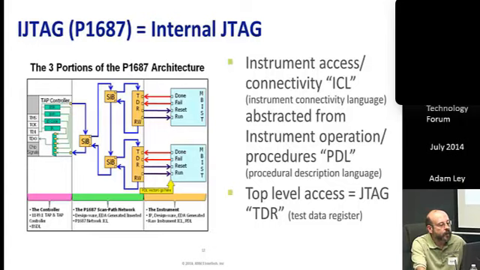And so those instrument procedures can be defined according to that IP block, regardless of which chips it gets placed on, in what quantities, or how they're connected back to the tap controller.